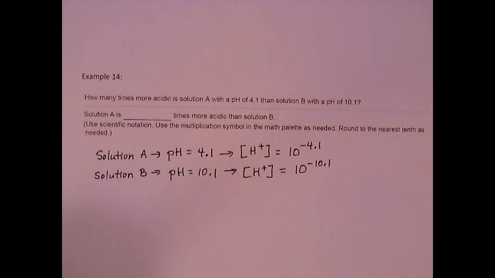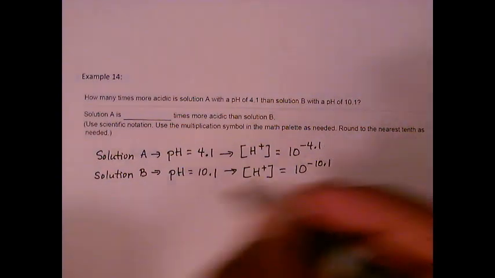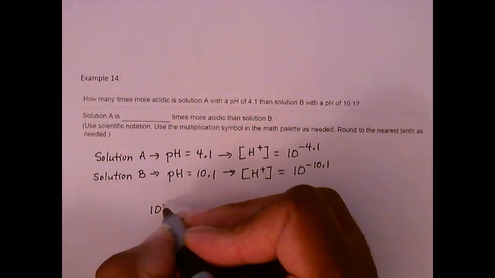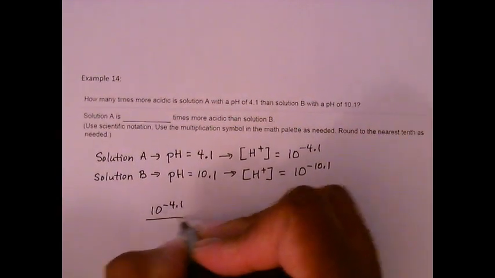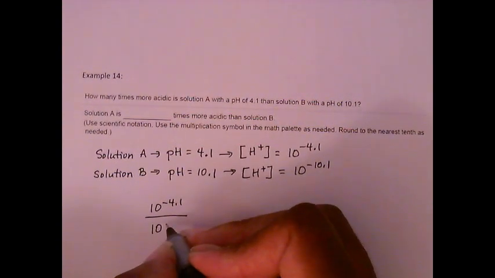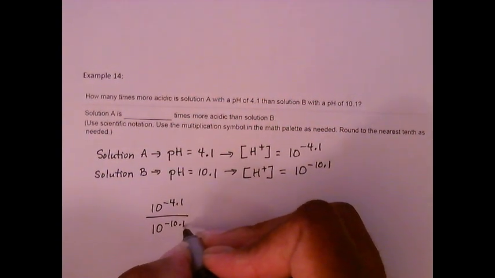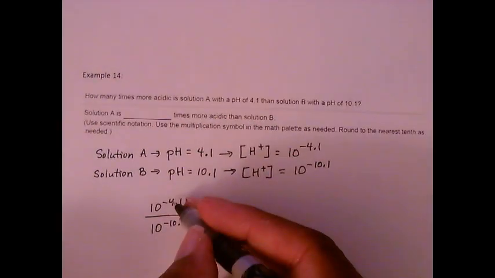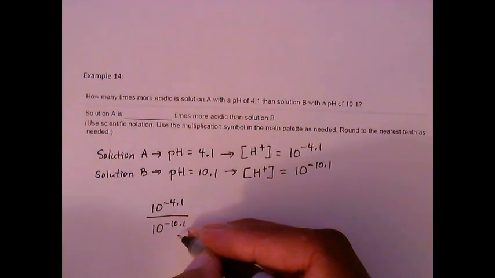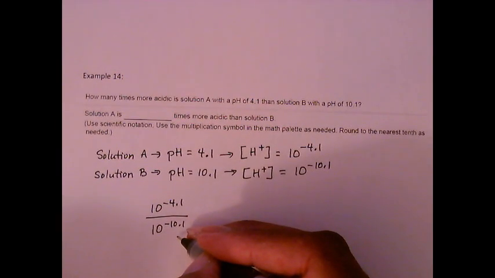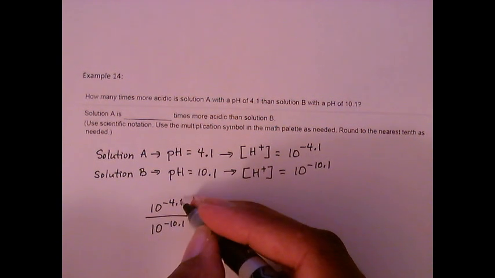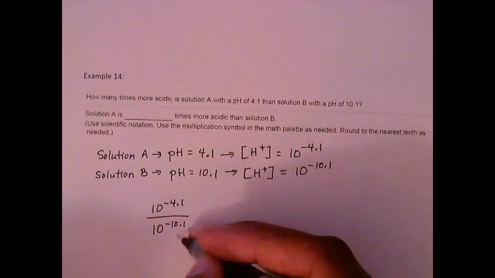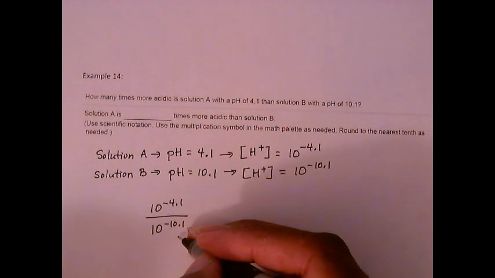So if I compare solution A to solution B, solution A is 10 to the negative 4.1, divided by 10 to the negative 10.1. That's a ratio of solution A to solution B: 10 to the negative 4.1 divided by 10 to the negative 10.1.